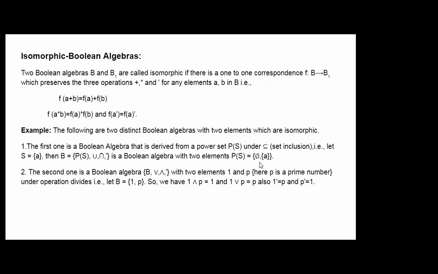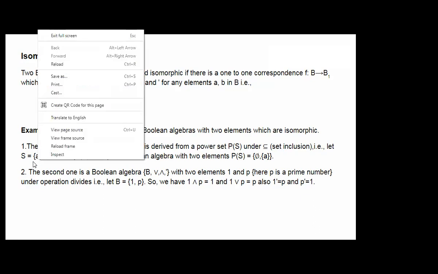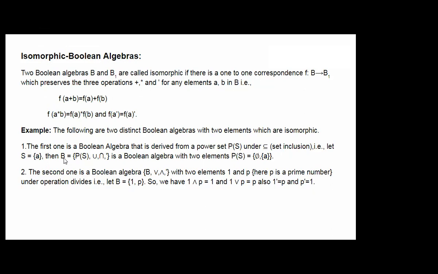If S is {A}, then what will be its power set? S is the set containing only one element, that is A. So the power set of S will be phi and the set {A}.